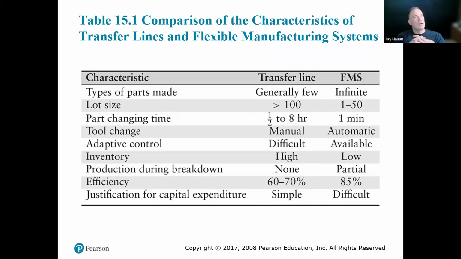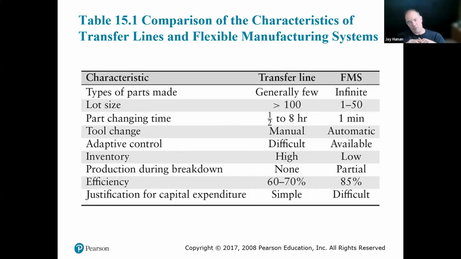Here are the characteristics of transfer lines and flexible manufacturing systems. So the transfer line, generally few parts. The flexible manufacturing system, it says infinite but many. Your lot sizes for transfers are larger, flexible or less. Then you've got your part changing time, your tool changing time, adaptive control, inventory. You have to keep a larger inventory for the transfer line.